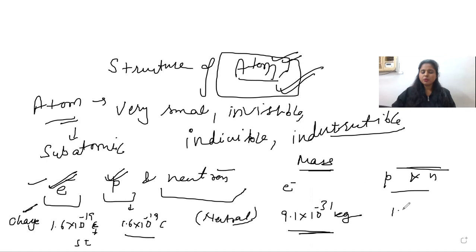Their mass is 1.67 into 10 raised to power minus 27 kg. So we can see that electron has negligible mass in front of the proton and neutron. So the mass of electron is not included in the mass of atom also.